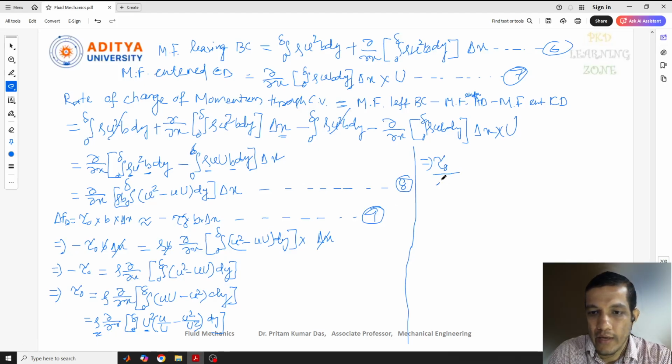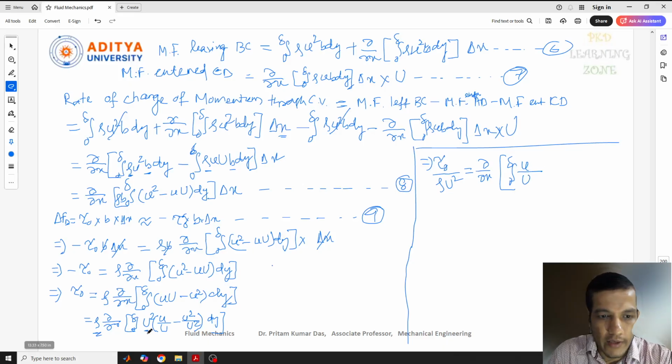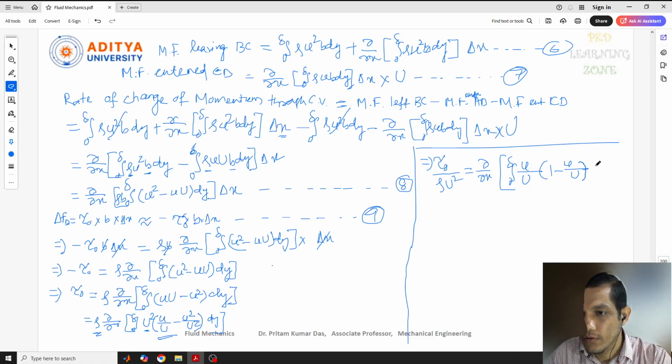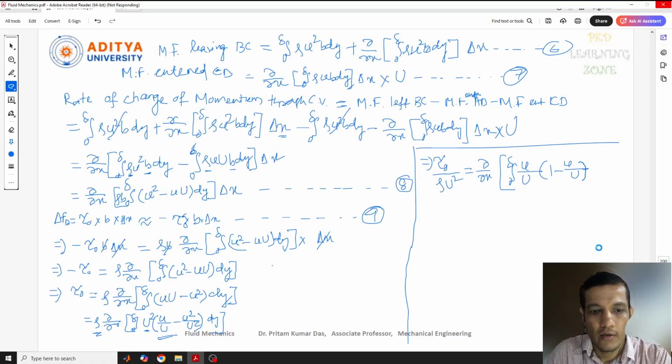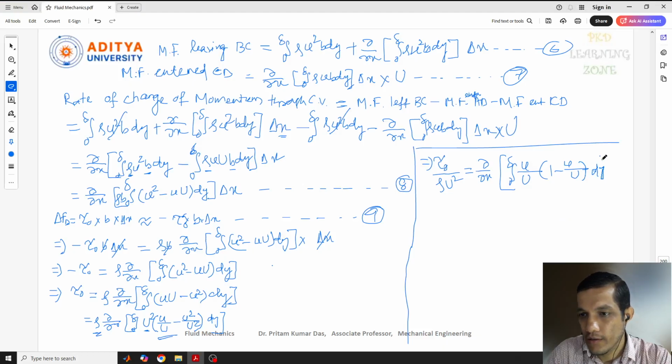So tau naught by rho u square is equal to del by del x, integration from 0 to delta of small u by capital U. In this part, take small u by capital U common outside, and after taking common we get 1 minus small u by capital U, and dy is out here, bracket close.